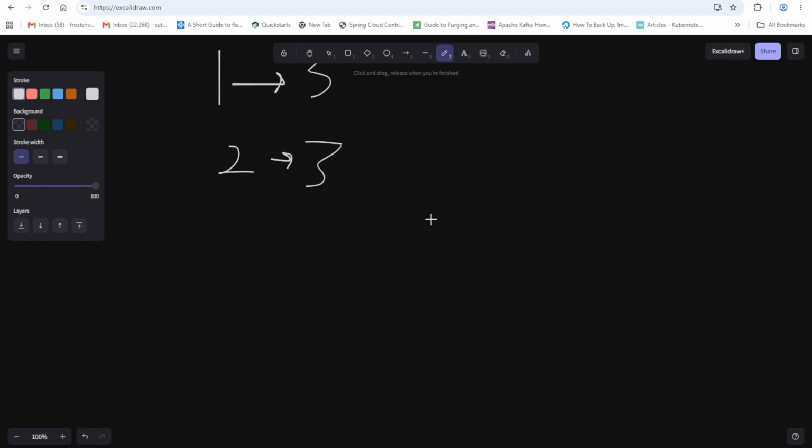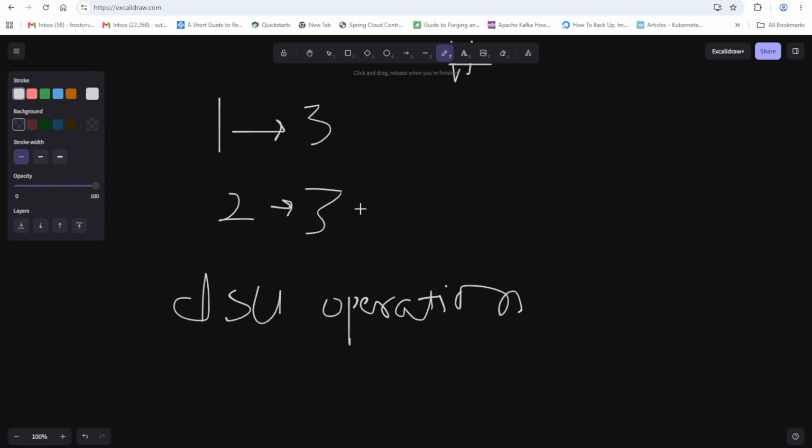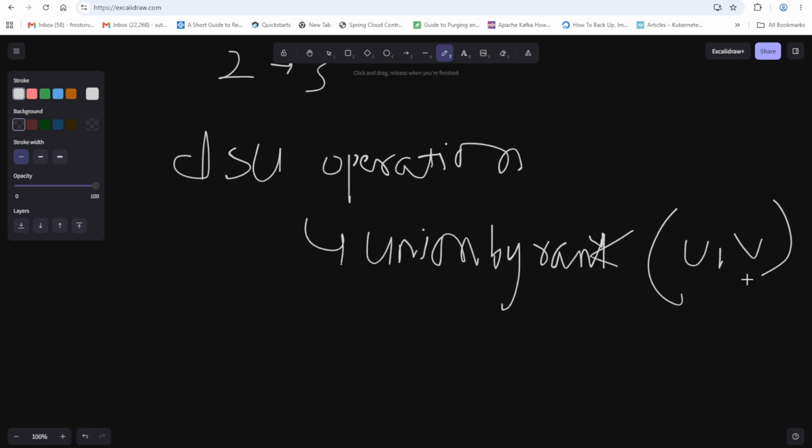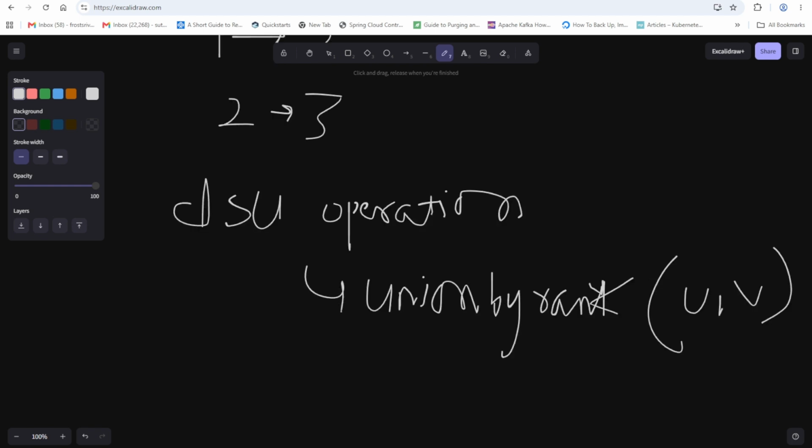Now what we will do, we will run our DSU operation here, by skipping any of these, either we can skip 1 3 or we can skip 2 3. So by DSU operation I mean union by rank.